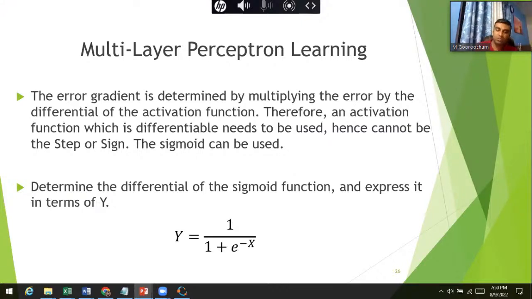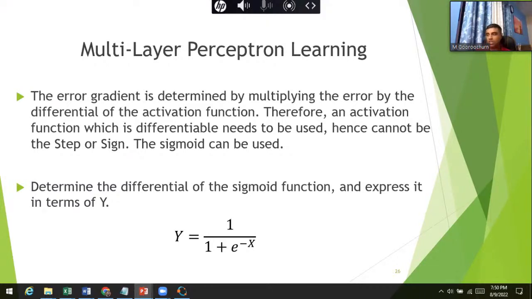If I want to differentiate this expression, what would I get in terms of x? Once you get the answer in terms of x, I would invite you to express it in terms of y itself, which becomes very convenient. It means if I have the output of a neuron, I can work out the differential of the activation function from the output itself. There's no need to go back to the input.